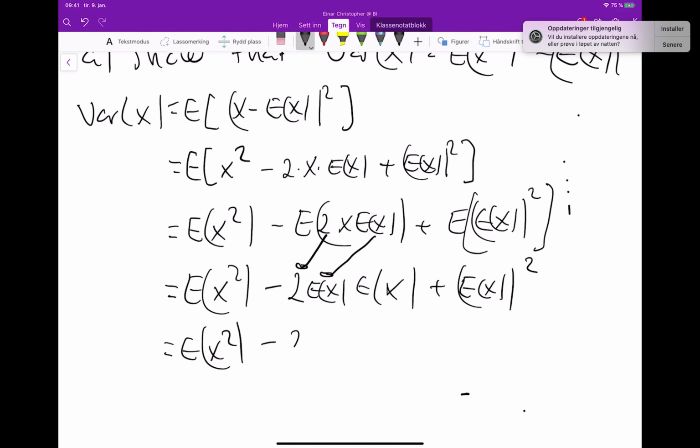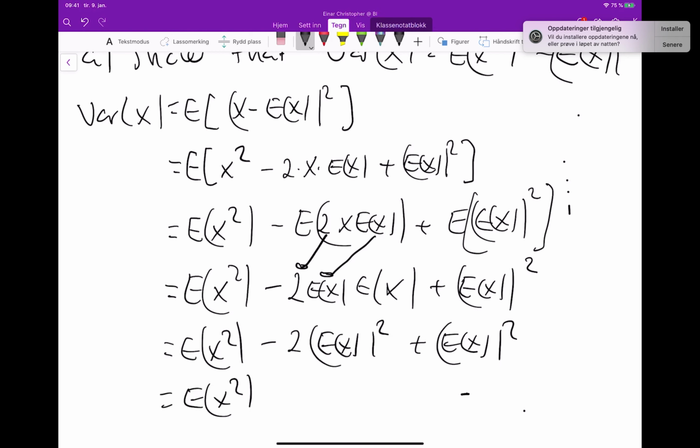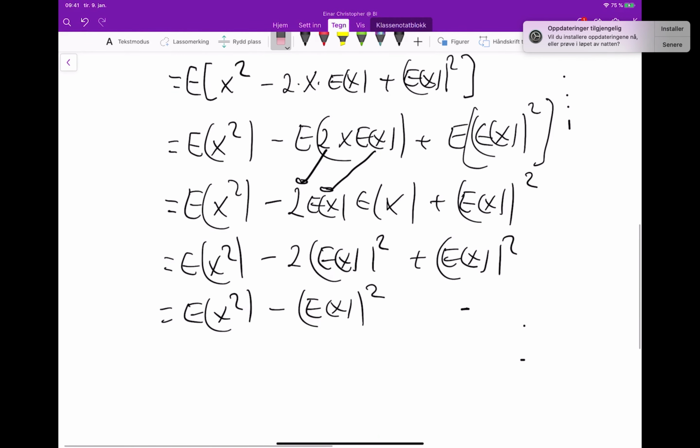And then we have minus 2 times the expectation of x to the power of 2 plus the expectation of x to the power of 2, and we get the expectation of x to the power of 2 minus the expectation of x, to the power of 2, like this. And we showed what we were asked to show.